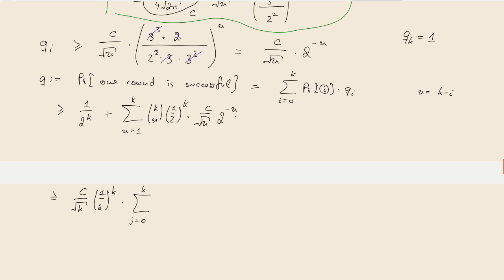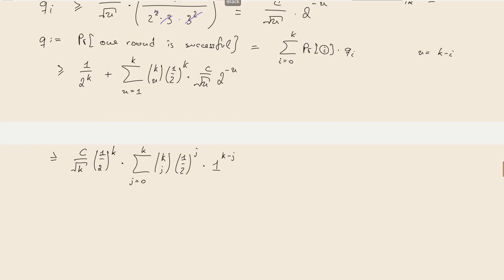Because this is exactly the summand that's missing here for u equals 0. And then what's left inside of here is this, and we can add a factor of 1 if we would like. Another trick is that this sum is just the binomial theorem.